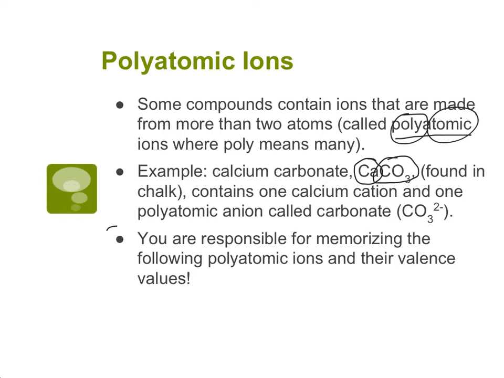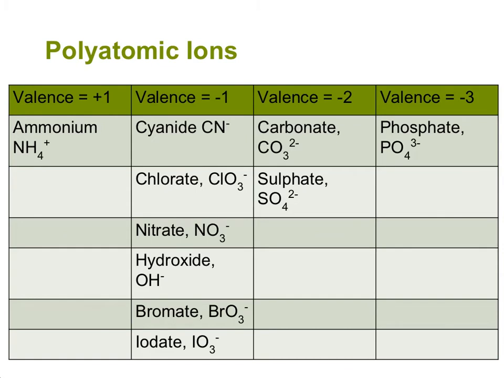Now again, you are responsible for memorizing the following polyatomic ions and their valence values. So looking at this chart here, we'll start with the one polyatomic ion that has a positive valence, a +1, is the ammonium polyatomic ion, NH4+.